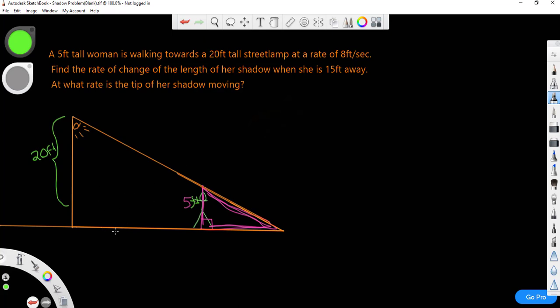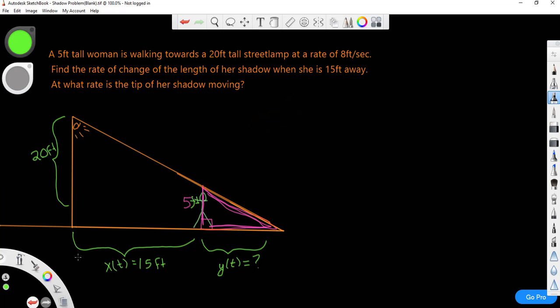And let's label some of the other things. This distance, let's call that x of t, at time t. We know that she is 15 feet away. Let's call this y of t, the length of her shadow at time t, and we don't know what that is.